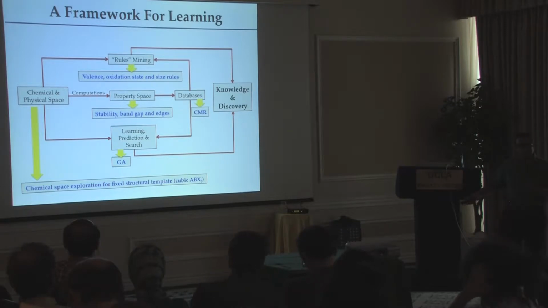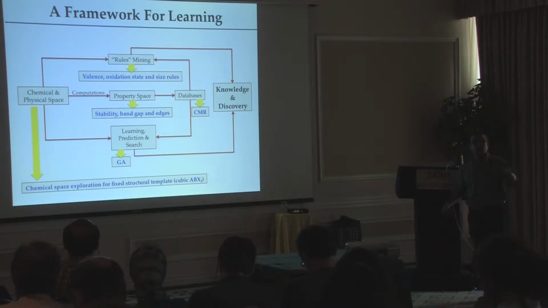Cubic ABX3 was chosen, and for that fixed structural template, they just probed chemistry. Right? And of course, computations were performed, and their target properties were those. But one should note that much work needs to be done. This class of compounds is well known for other interesting properties, multiferroicity, for instance, piezoelectricity, pyroelectricity, other functional behavior. So there is much that could be done.